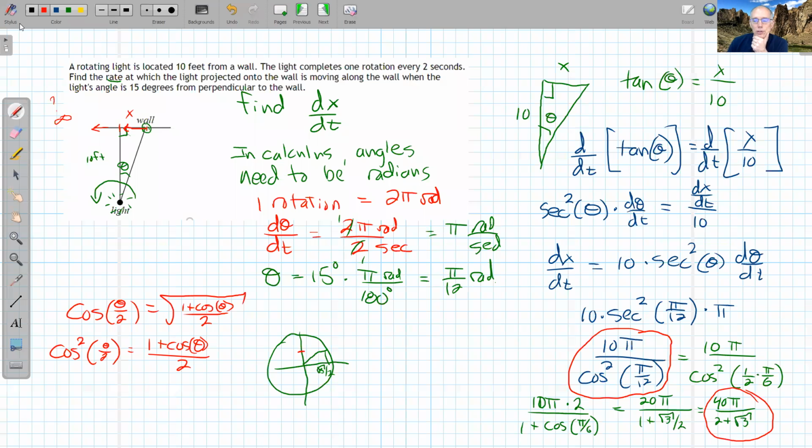Start over. And pi. Secant is 1 over cosine. Pi over 12. How can this be right and that not? Weird. It's a mystery.